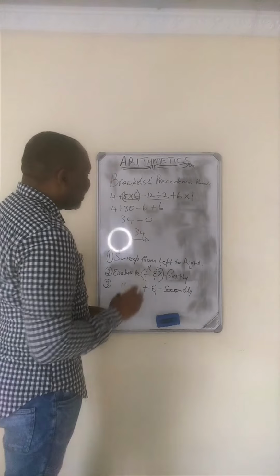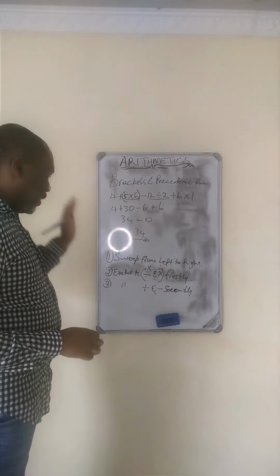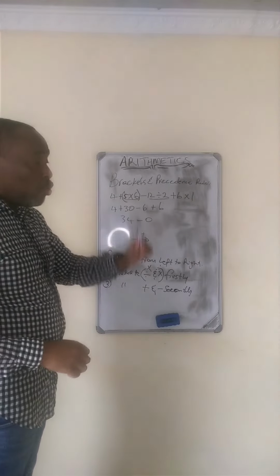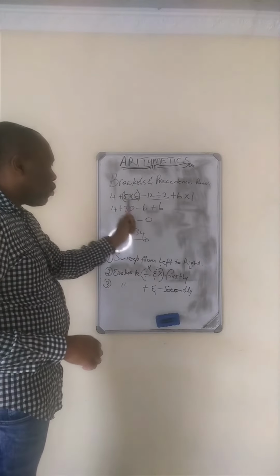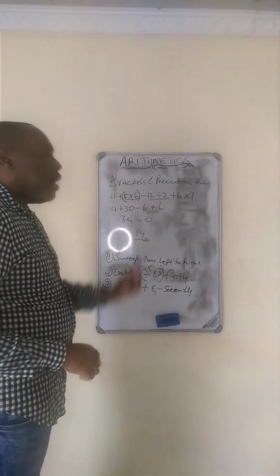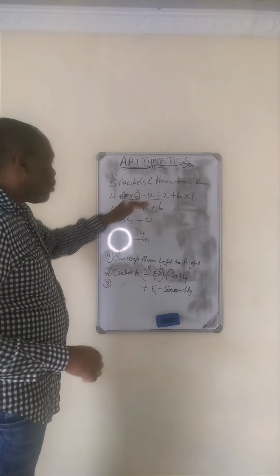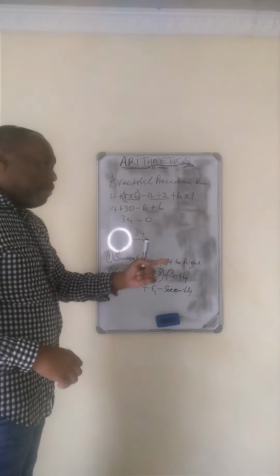So the brackets come first. They take precedence. If you see brackets in that sum, I showed you one where there were no brackets, because it is possible to come across a sum where there are no brackets. But if you do come across a sum that has brackets, brackets override all the other rules. It becomes number one.